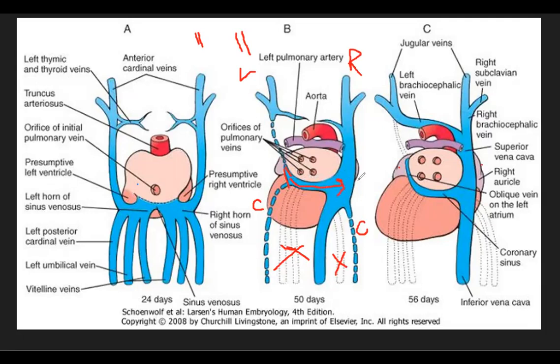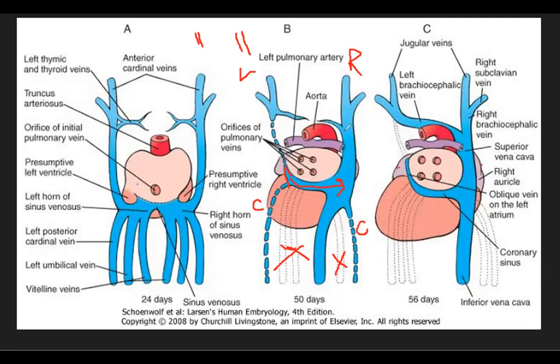When the blood moves from left to right, the right portion dilates more. Okay, when the right portion dilates more, it will accommodate more blood. And this little area is what we will later call the coronary sinus. Okay, and this also opens directly into the right atrium.